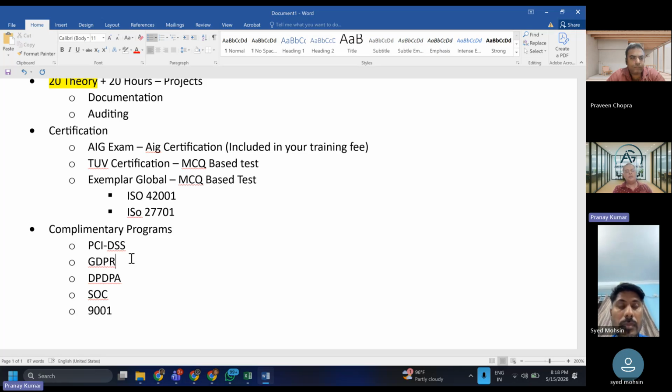It is a very European certificate, and all European companies are super stringent about all the PII, the personally identifiable information, that you handle. So these are the complementary certificates that you get. You can complete the program, share it with me, and I will have the team issue the certificates to you.